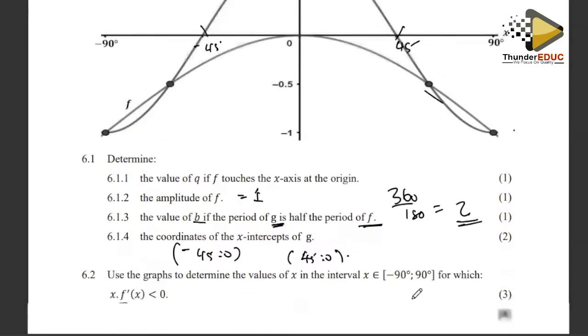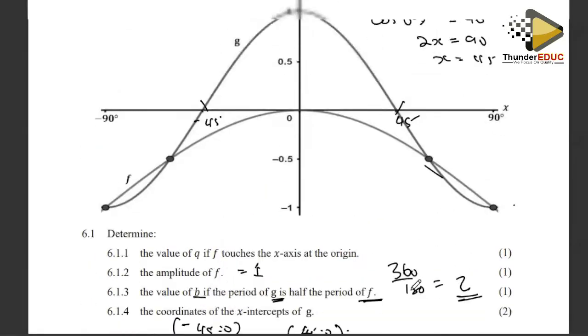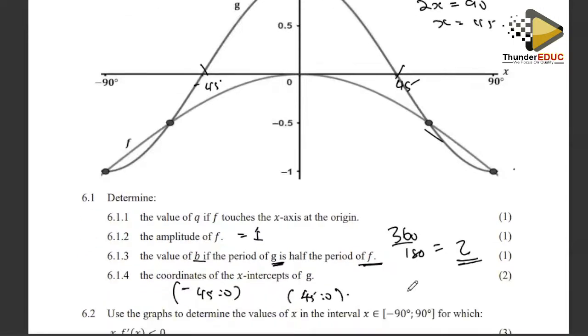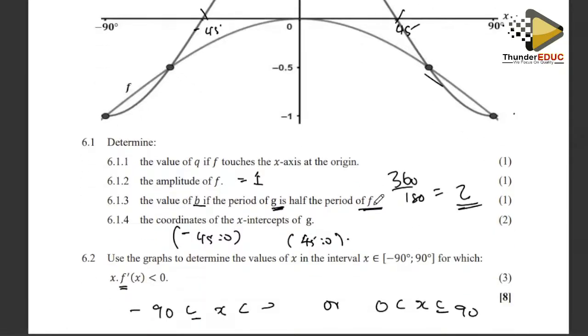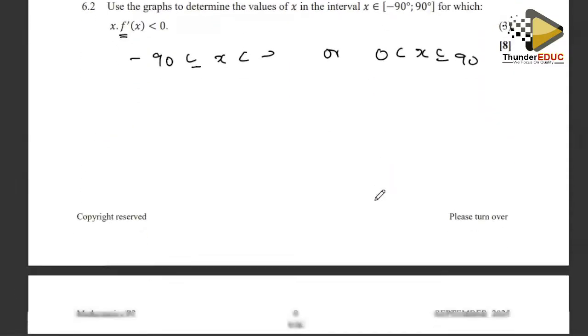As x is negative, the gradient is positive for f, which is on this side. And when f is positive, the other one must be negative. So that is either side of the domain.